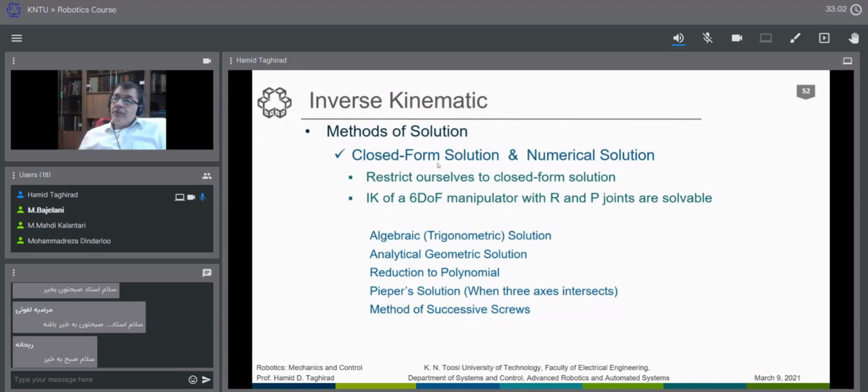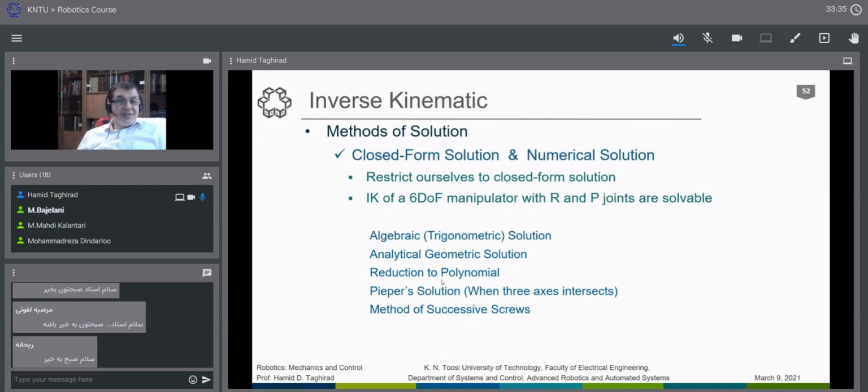So as I mentioned, the algebraic method is the first one. Then the analytical geometric method. I like it very much. If you use geometry, and especially analytic geometry, you can solve some not very complex, but some more sophisticated robots. Then we can go to some different solutions: reduction to polynomial.